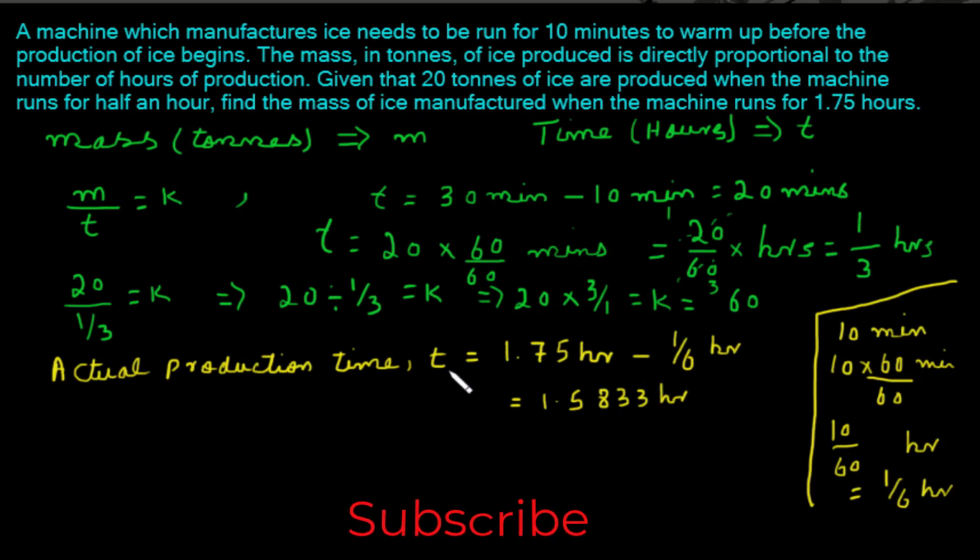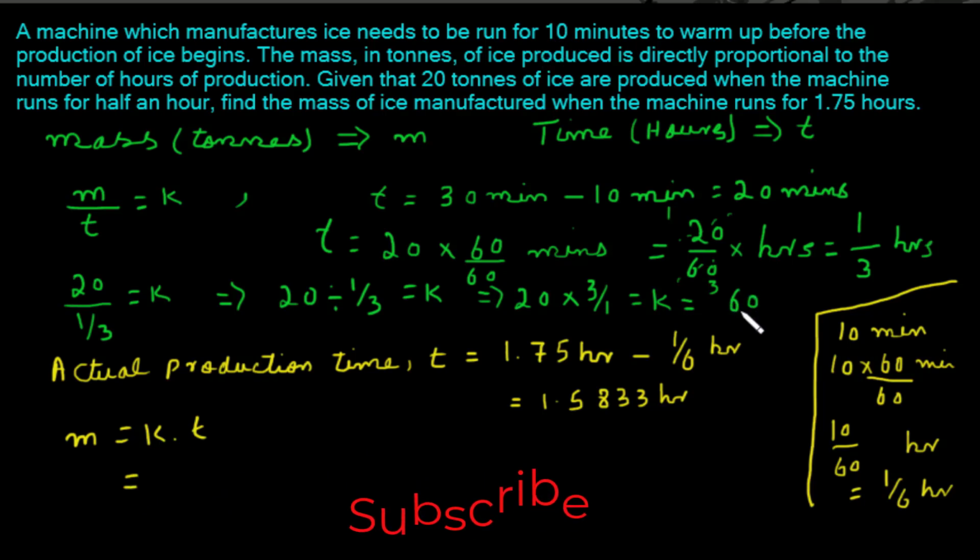Now I have to use this equation: multiplying by t on both sides, it will be cancelled on this side, and I come up with M is equal to k times t. All I need is to substitute the actual production time, excluding the 10 minutes. For k, I have a value of 60.